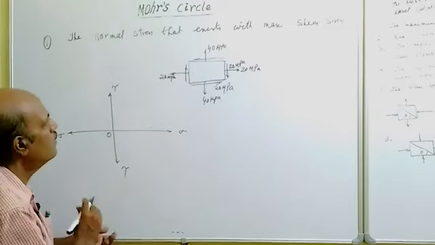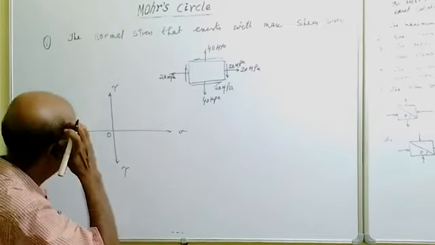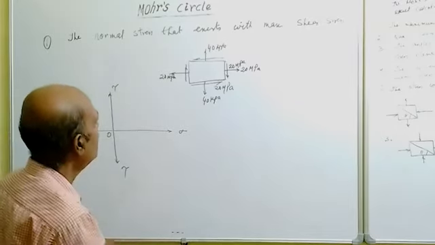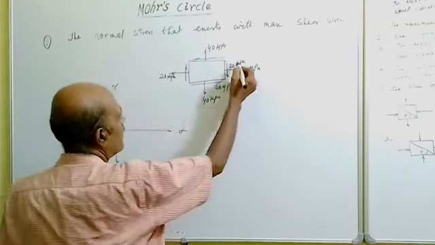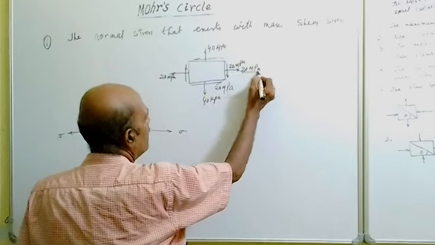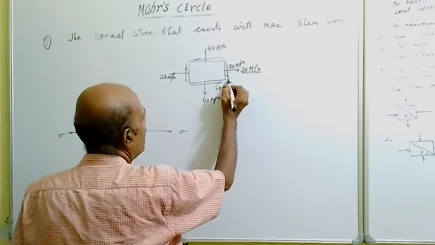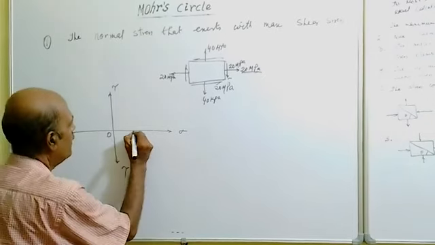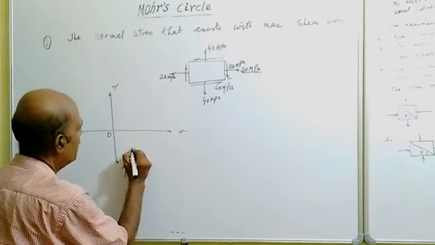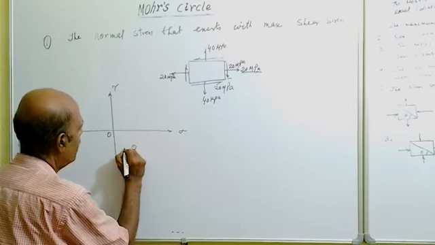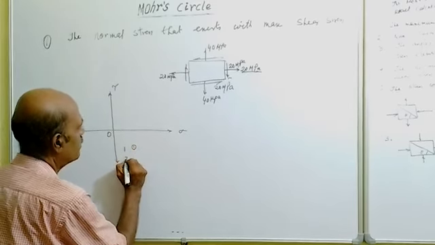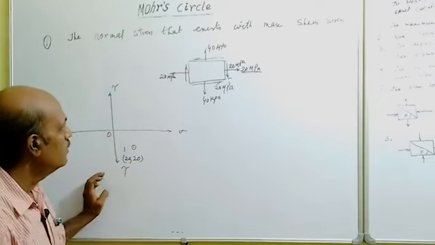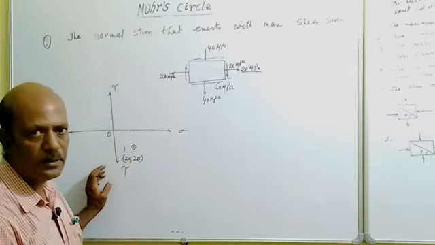Now for this, first you take the points, that is 20 is positive and this shear stress is negative. So 20, minus 20. So this is the point we will get. First point, that is 20 comma minus 20, that is sigma x is positive and tau is negative.